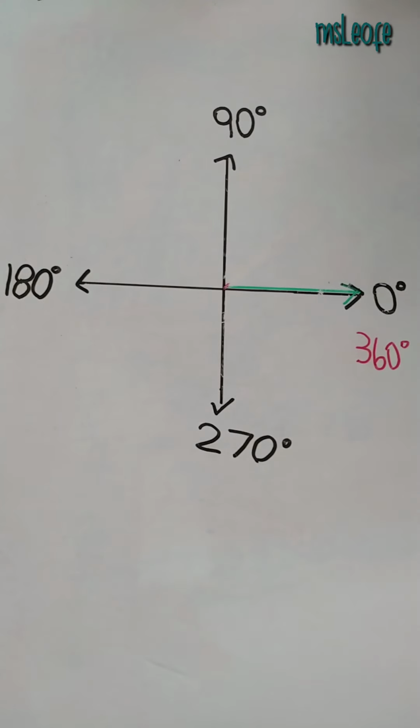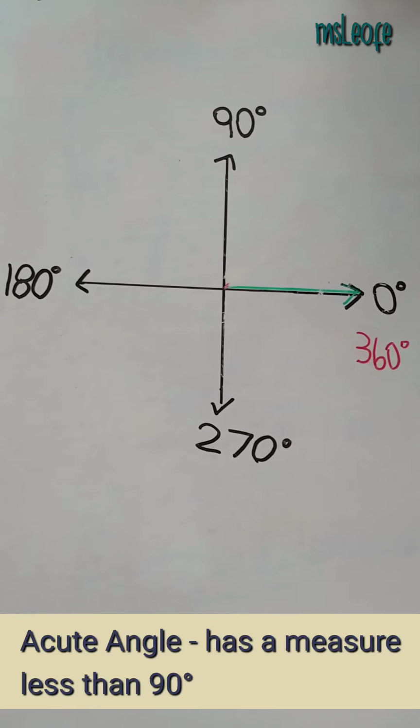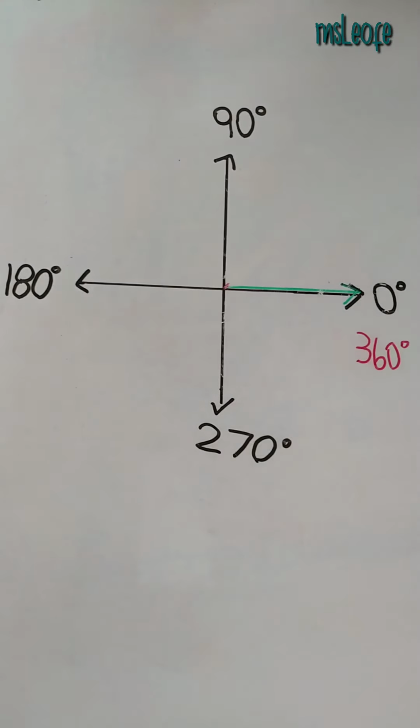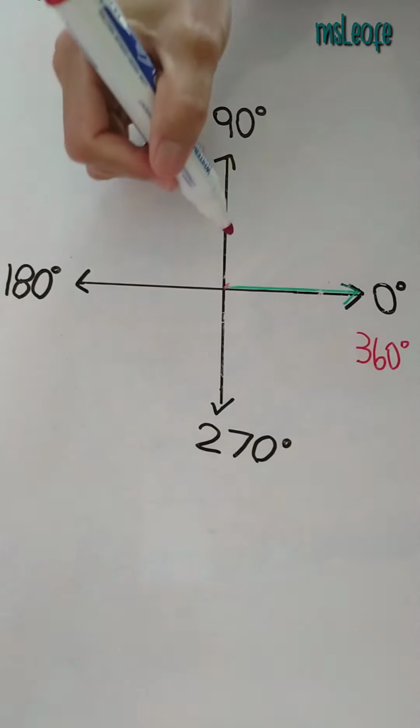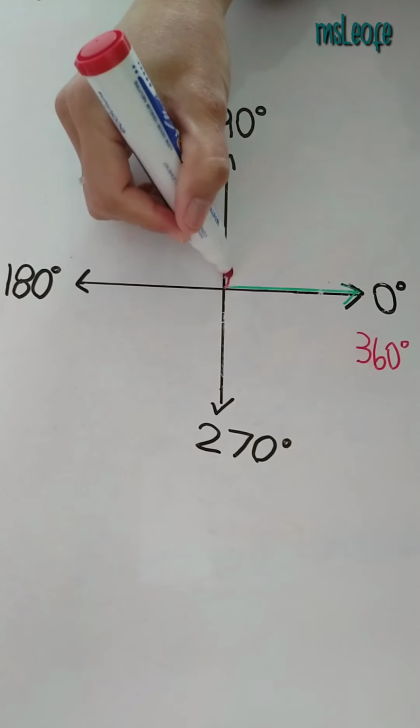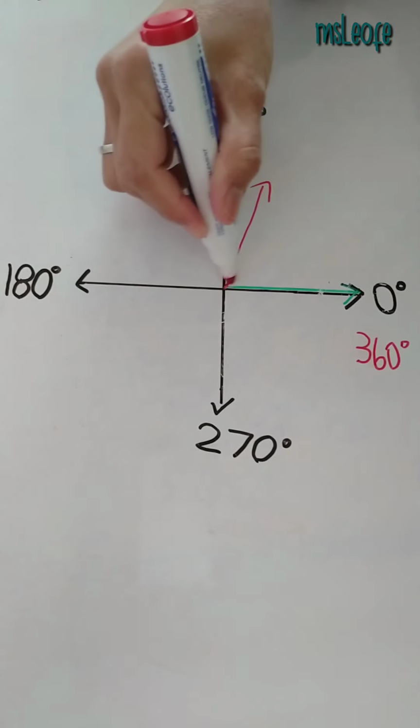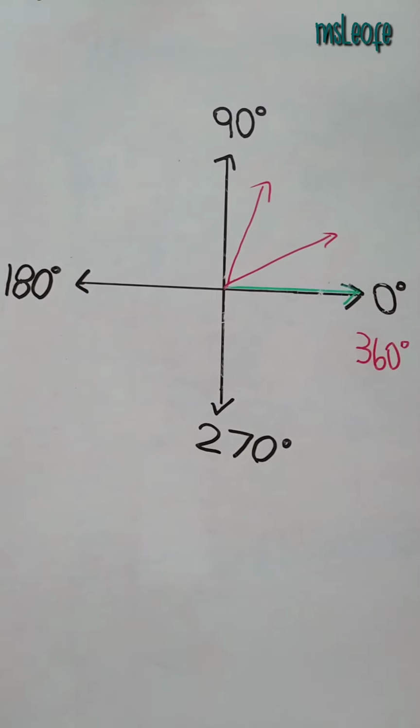The first type of angle is the acute angle. The measure of acute angles is less than 90 degrees. So they will be found somewhere here. It could be here, here. So these two are acute angles.